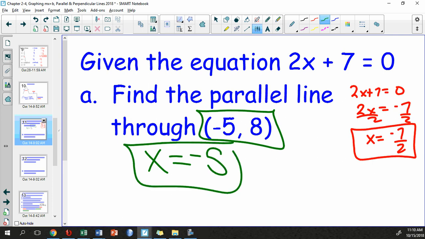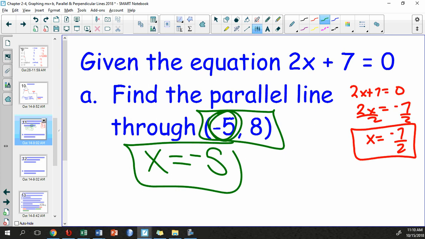Done. Right? So easy. If there's only an x in the equation and I want something that's parallel to something that's just an x in the equation, I want x equals that coordinate. You with me? Make sense?